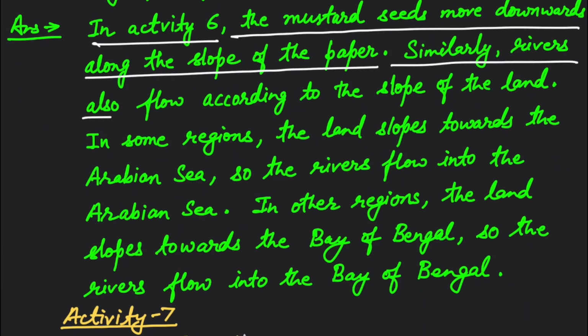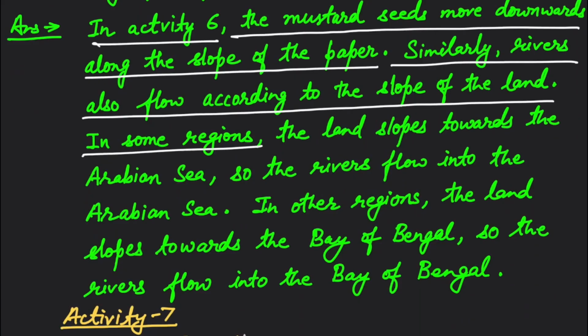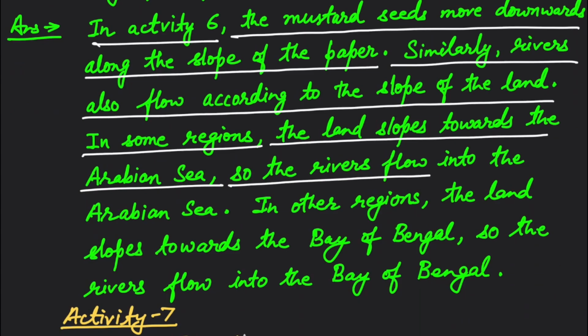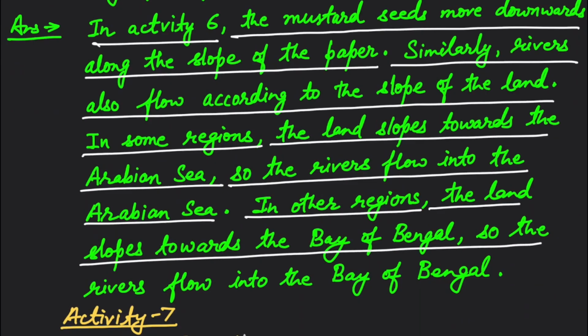Similarly, rivers also flow according to the slope of the land. In some regions, the land slopes towards the Arabian Sea, so the rivers flow into the Arabian Sea. In other regions, the land slopes towards the Bay of Bengal, so the rivers flow into the Bay of Bengal.